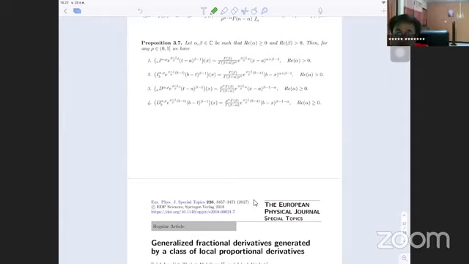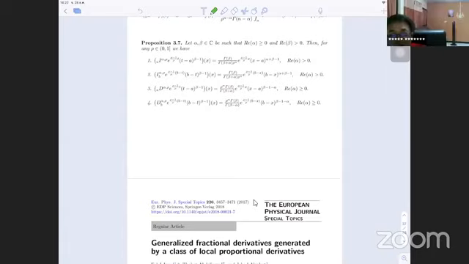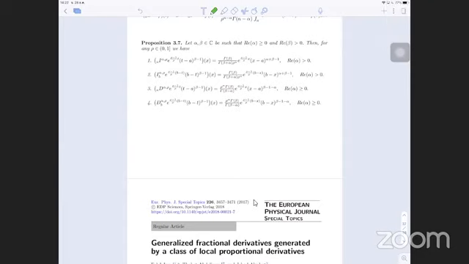But I'm facing a problem, especially when applying the Riemann-Liouville operator, the semi-group property. Maybe, since you read the paper, you understand the setting.